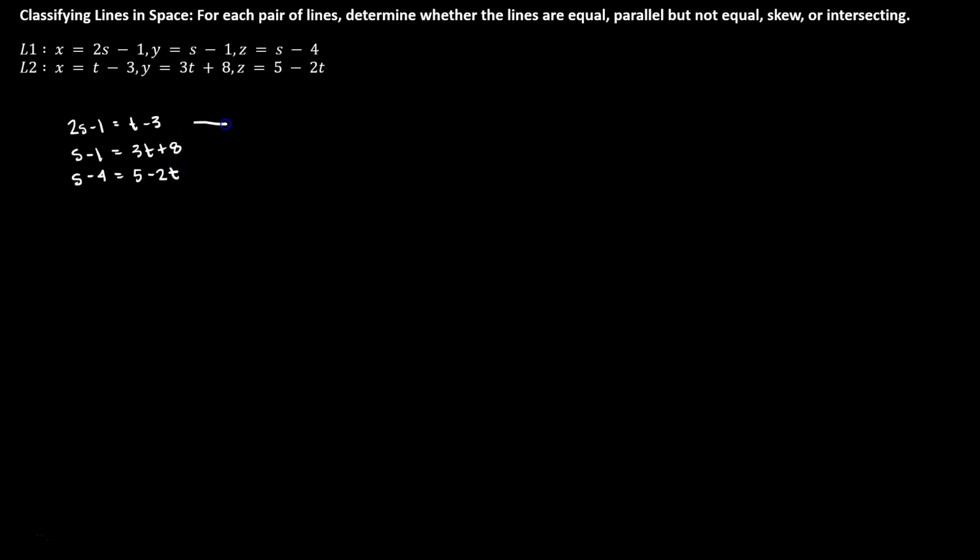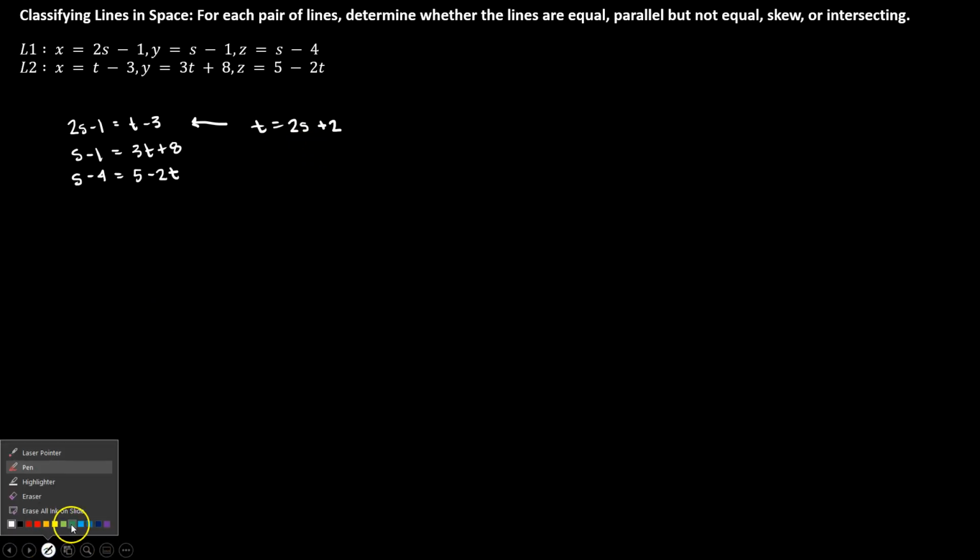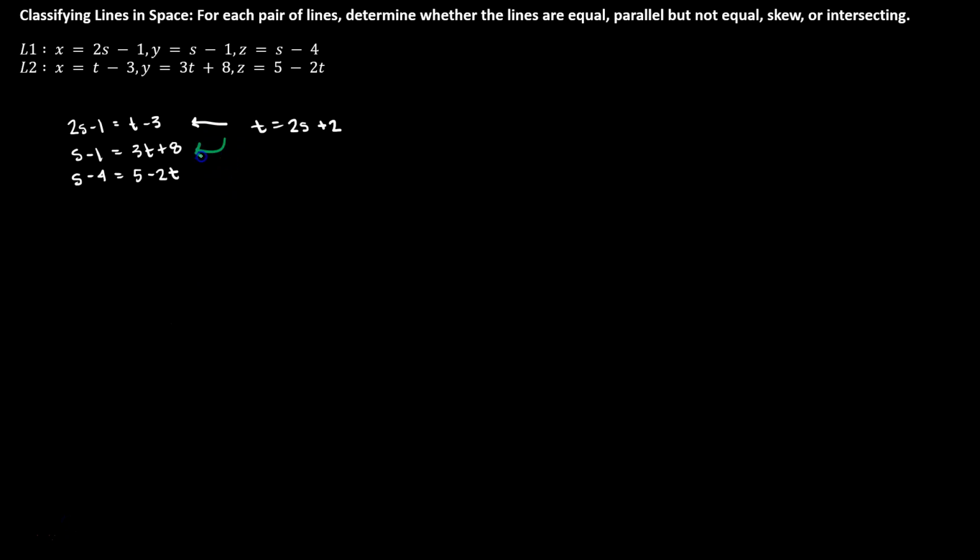And I'm going to remind you that we solved the first equation for t, so that we had 2s plus 2 for t. And when we substituted t into the second equation, we found that s had to be negative 3.